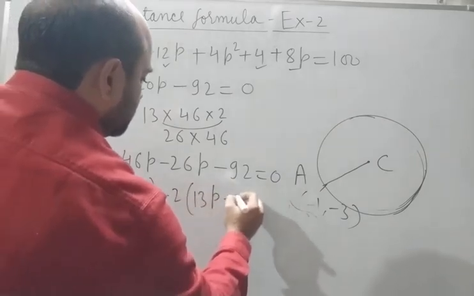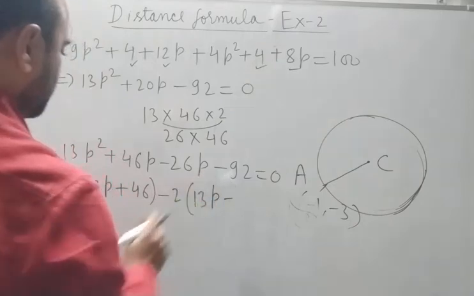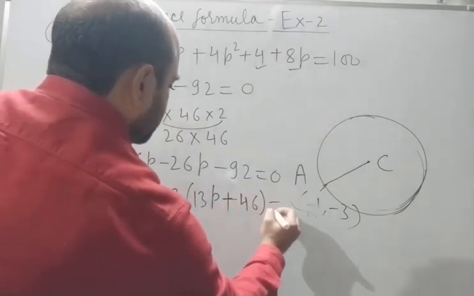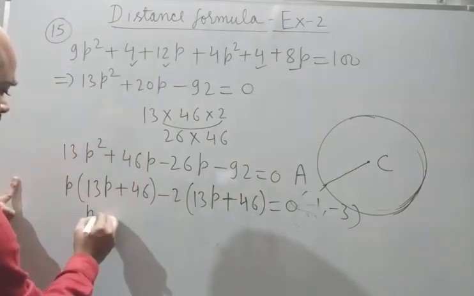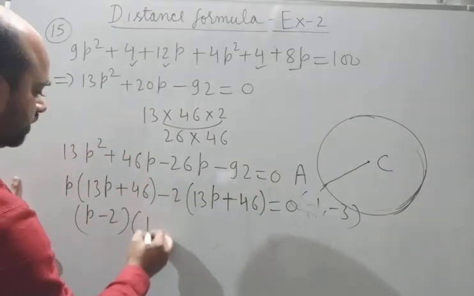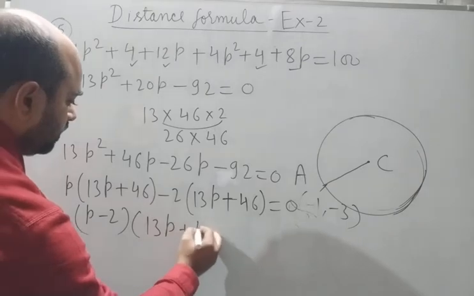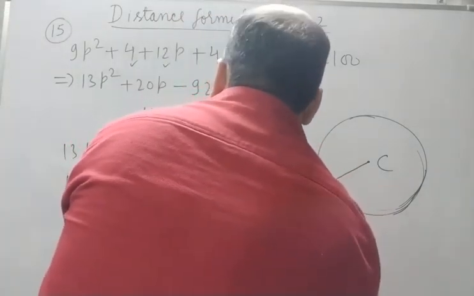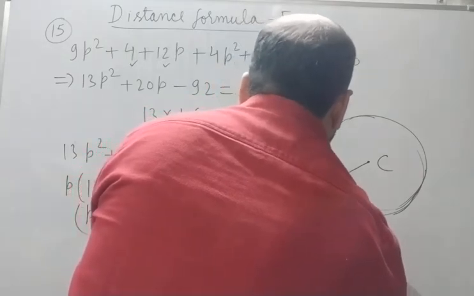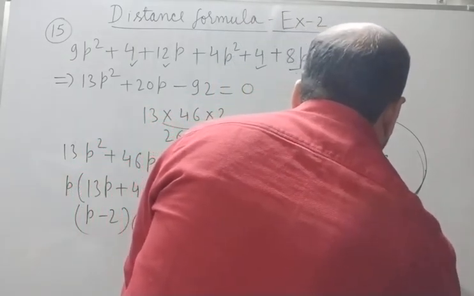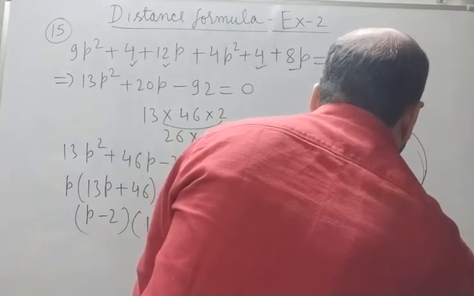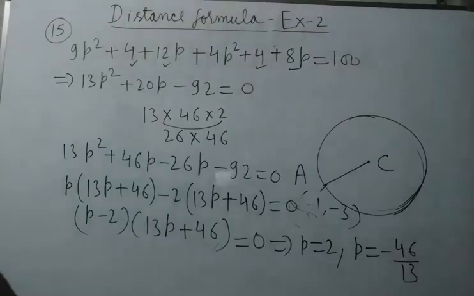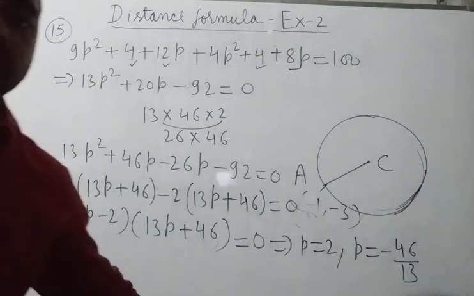So we are having (p minus 2) and (13p plus 46). So finally we are having p is equal to 2 or p is equal to minus 46 by 13. So this is the solution. Correct? Finally, this is the solution. Next.